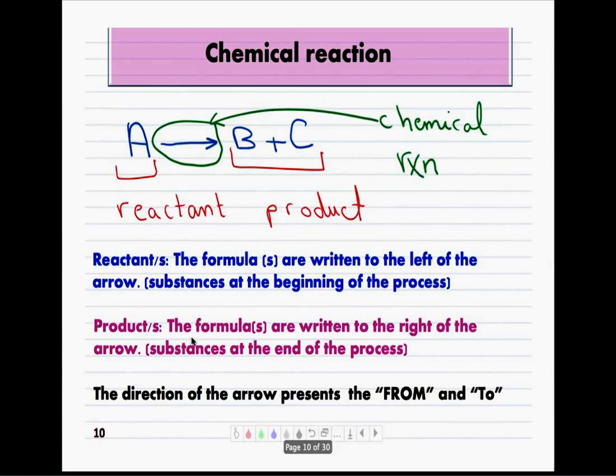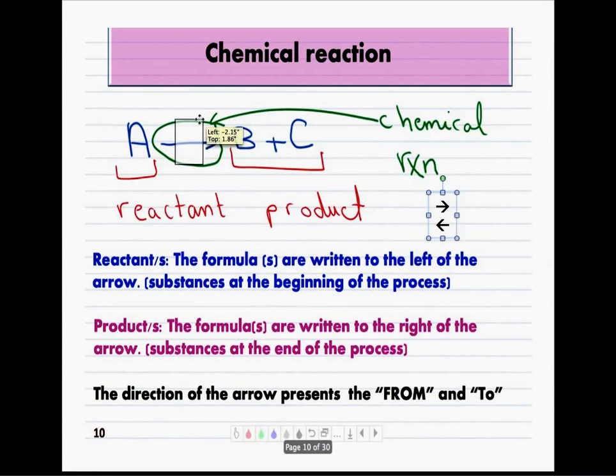We represent the reactants, what we started with, and the arrow tells you we're going from A to B plus C. Sometimes you would see a double arrow later on, and that tells you that the reaction is going both ways, and you're going to learn about this in Chem 112, about chemical equilibrium. B and C are the products. So this is how we usually represent those.